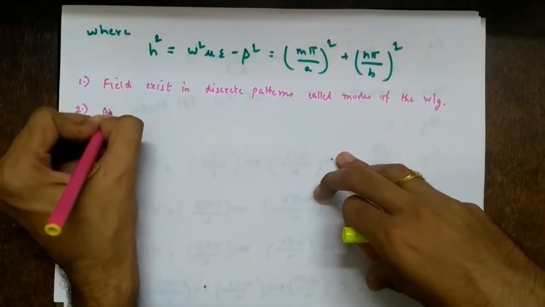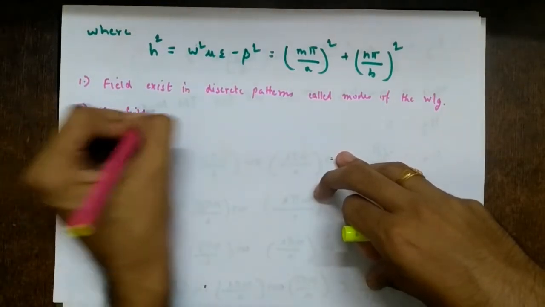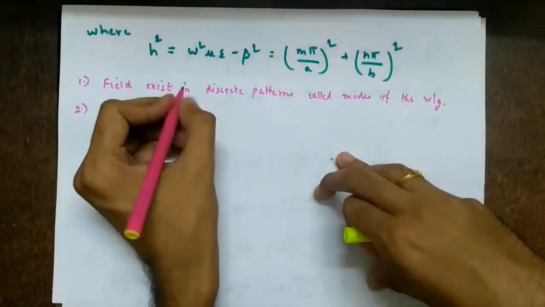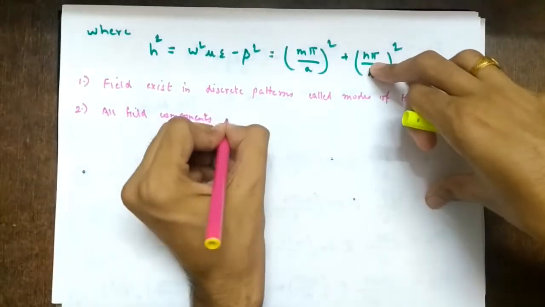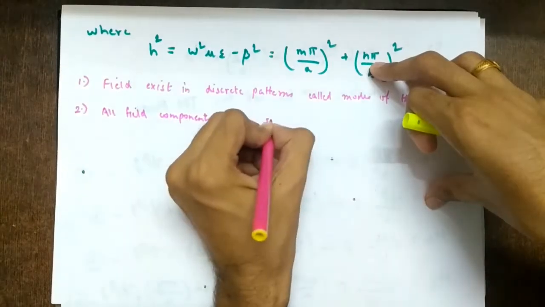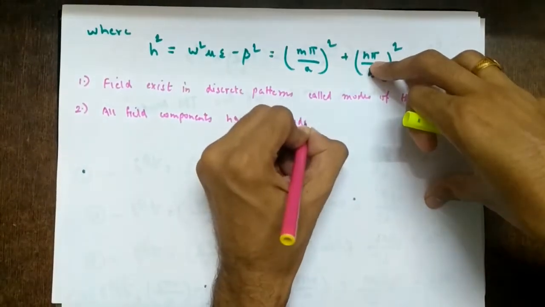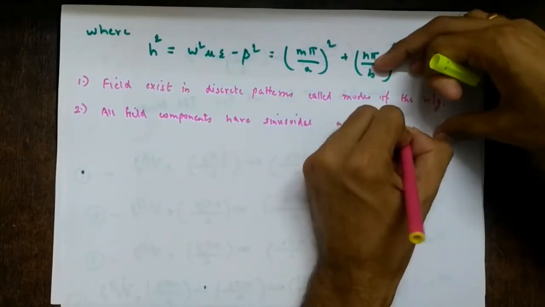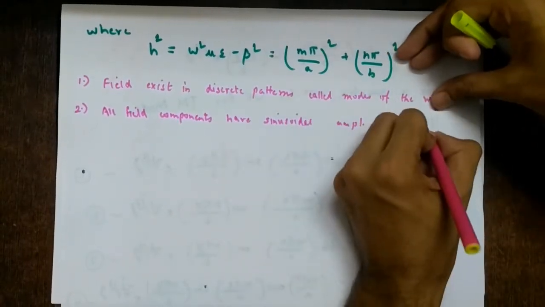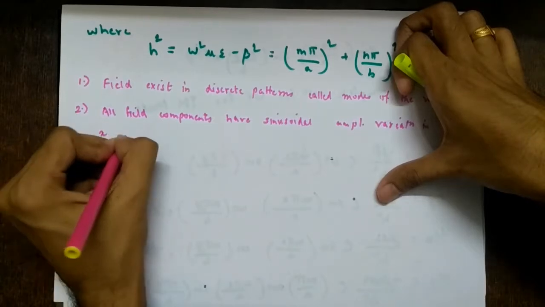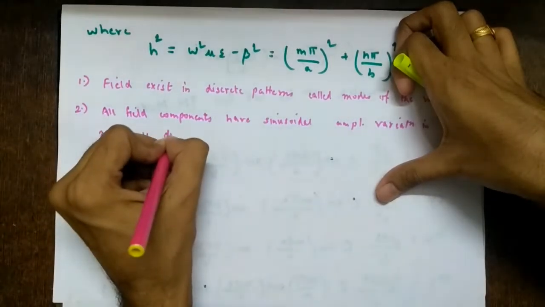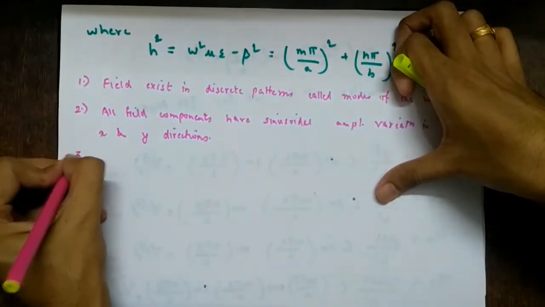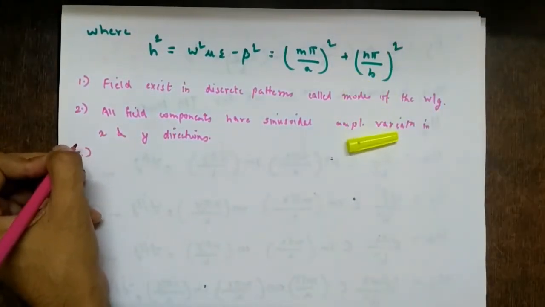So second, we say all field components have sinusoidal amplitude variation in x and y directions.